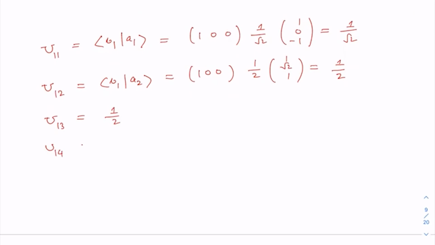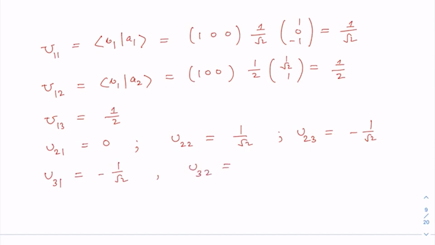It's a 3 by 3 matrix, so you will have u21 is equal to 0, u22 is equal to 1 by root 2. Please verify all these things yourself. u23 is equal to minus 1 by root 2. u31, you will get as minus 1 by root 2. u32, you will get as half. And u33, you will get as half.